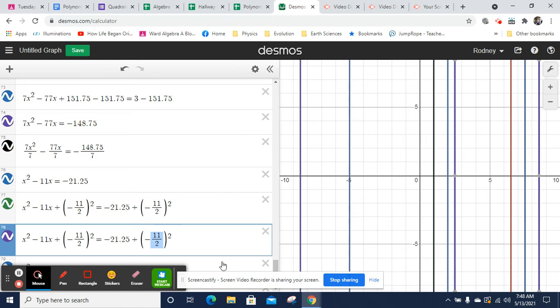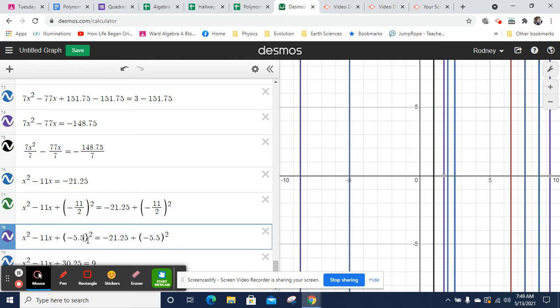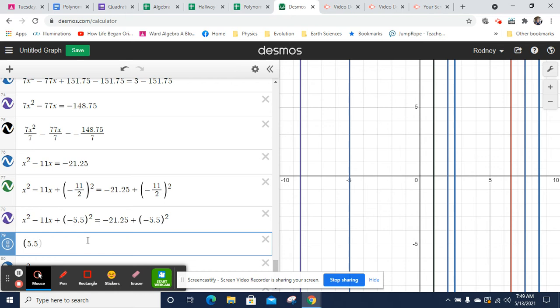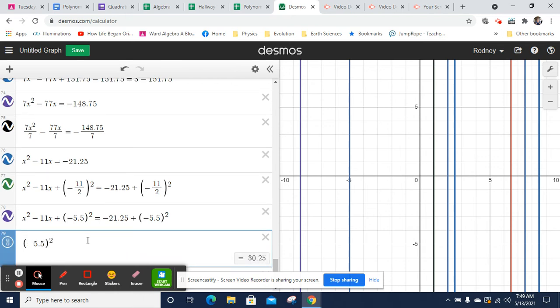Now I'm going to start cleaning all that up. Over here, it's going to be negative 6.5. I'm sorry, negative 5.5. And over here also, negative 5.5. On the right, I'm going to clean that up and figure out what negative 5.5 squared is. It's going to be the same. So negative 5.5 squared is 30.25.